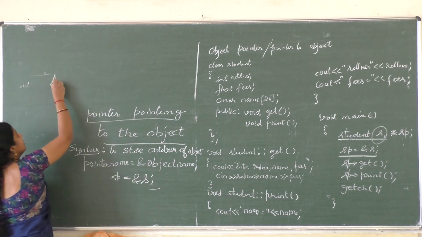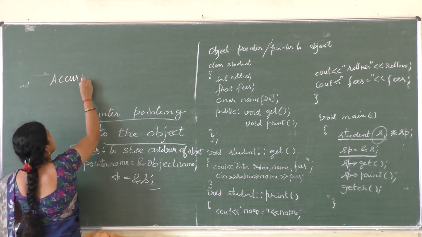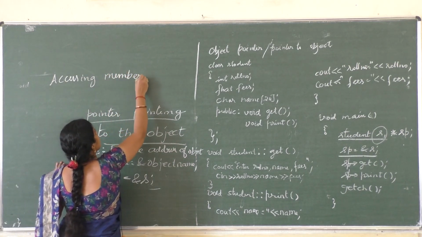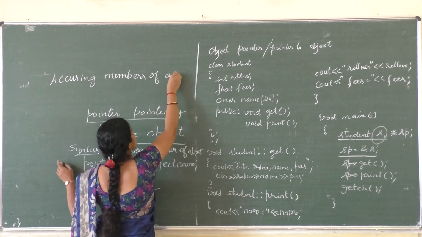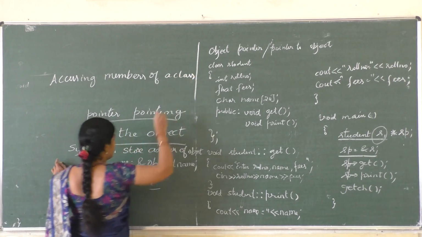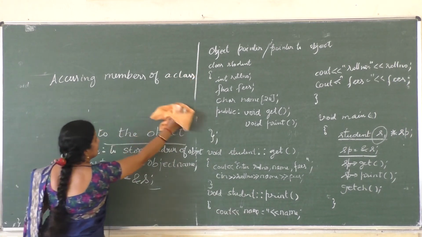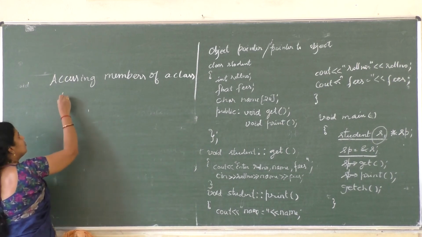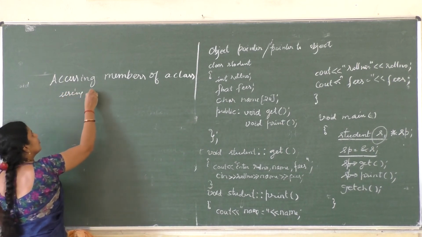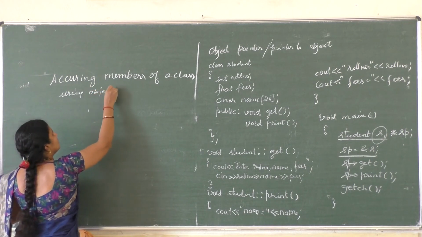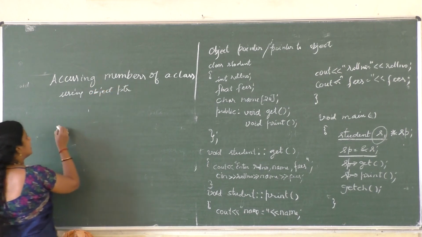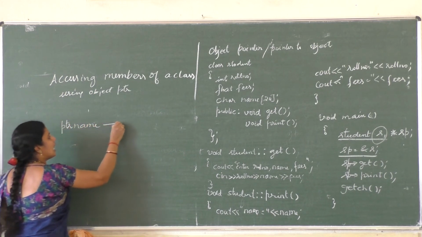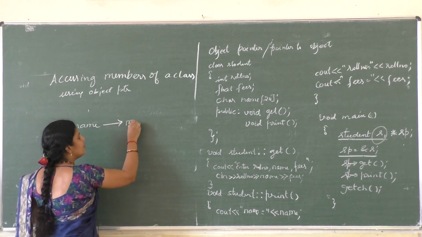Accessing members of a class using object pointer: pointer name, arrow operator, member name.